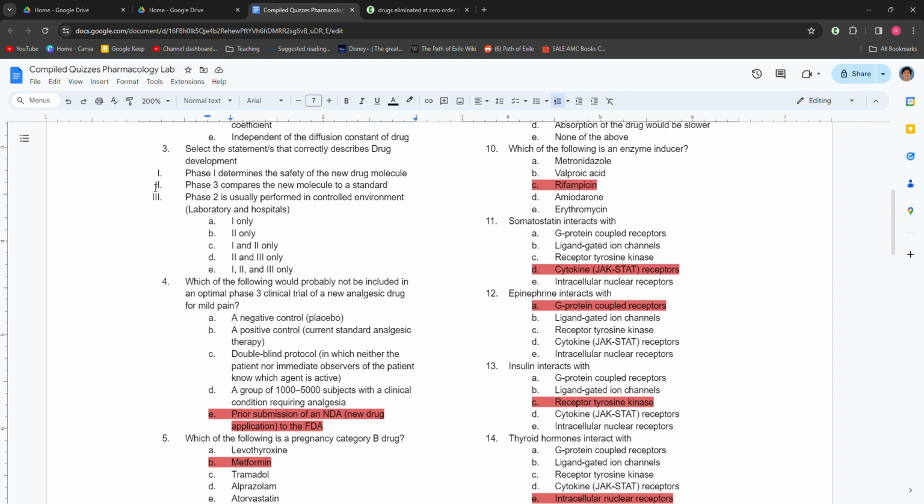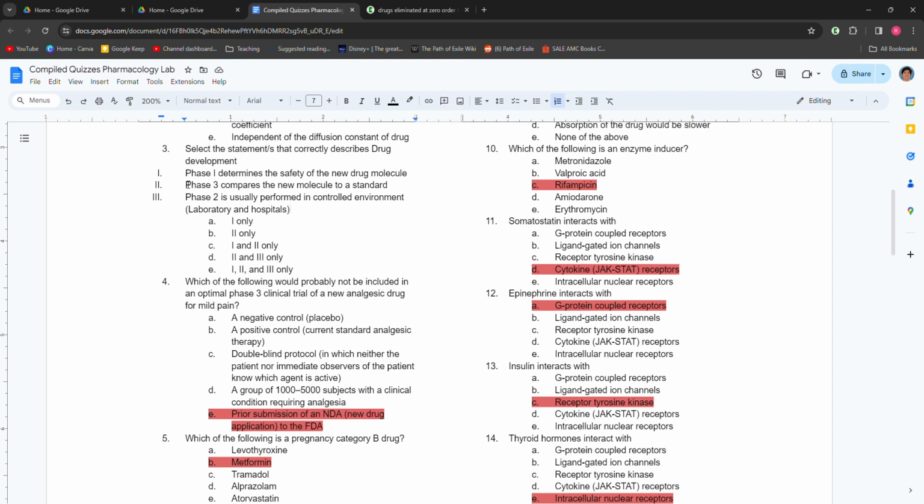Statement number 2, phase 3 compares the new molecule to a standard. That can be correct or incorrect. So let's check first. Statement 3, phase 2 is usually performed in a controlled environment. That is correct. So all of clinical trials are usually performed in controlled environments.